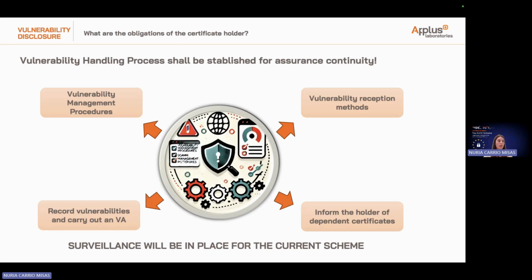For example, if we have a composite product with an IC, on top an operating system, and on top an application, then if you have a vulnerability on one of these levels, you need to inform the dependent companies that provide the other components of the product, okay? So everyone can make a correct vulnerability assessment on all the components, independently of whether it is a specific product or a composite product.